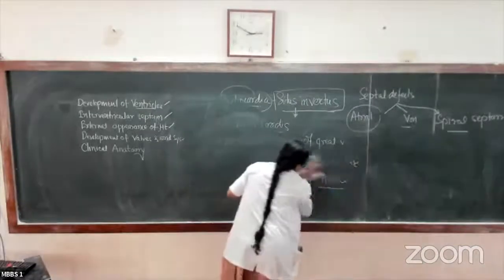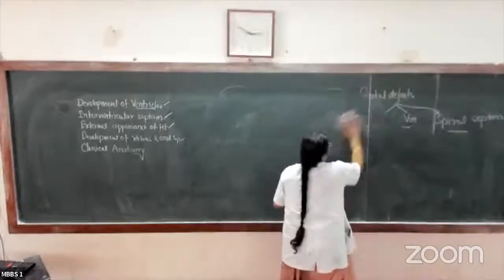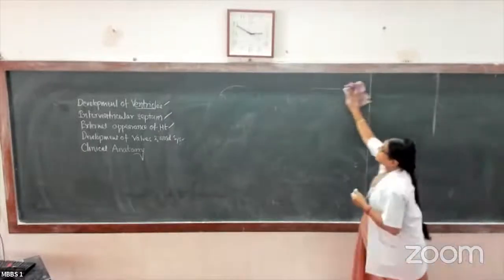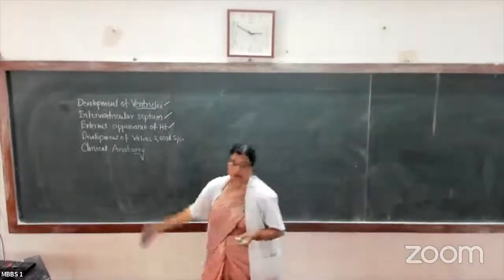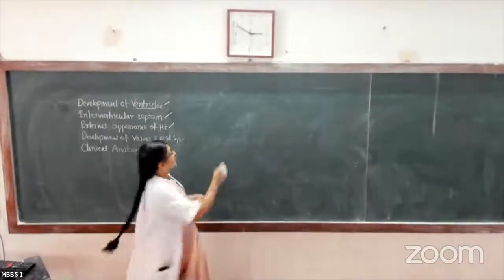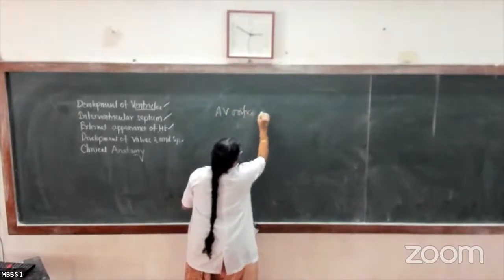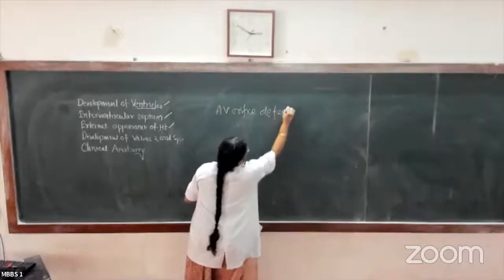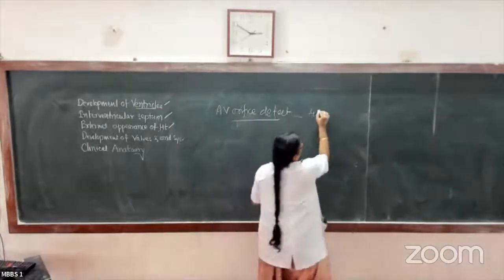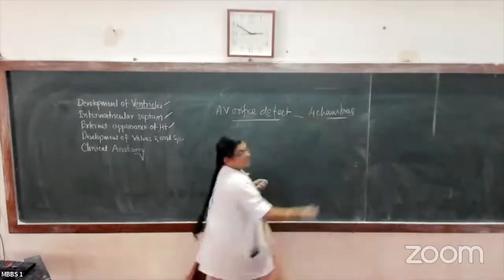Now coming to the atrioventricular orifice defect. We have seen that if the membranous part of the interventricular septum is defective, then the 4 chambers will communicate with each other. In the same manner, if there is a defect in the atrioventricular orifice, this also leads to communication between the 4 chambers.